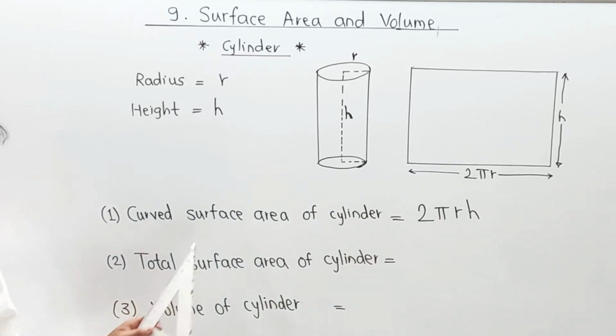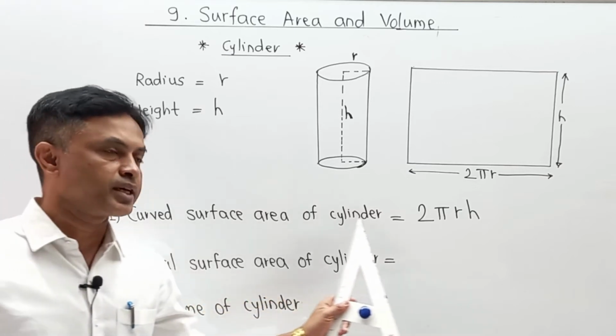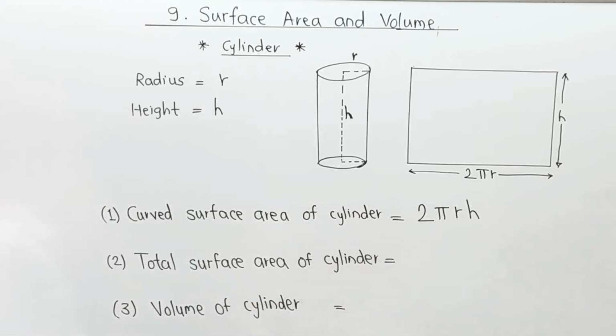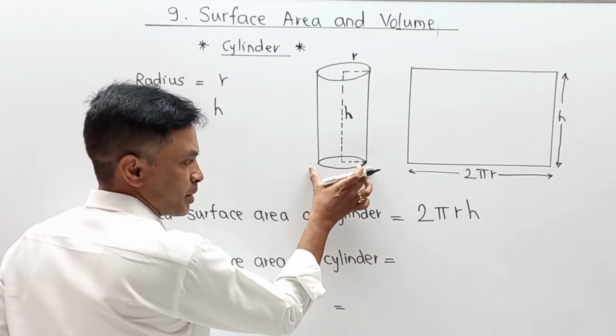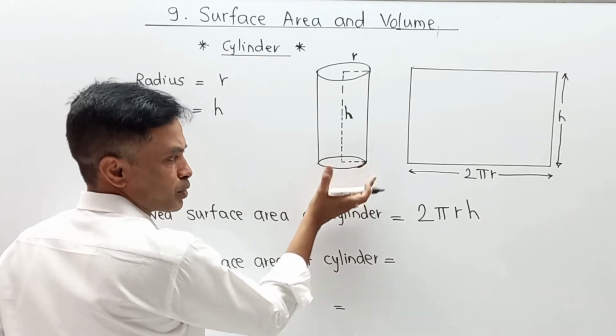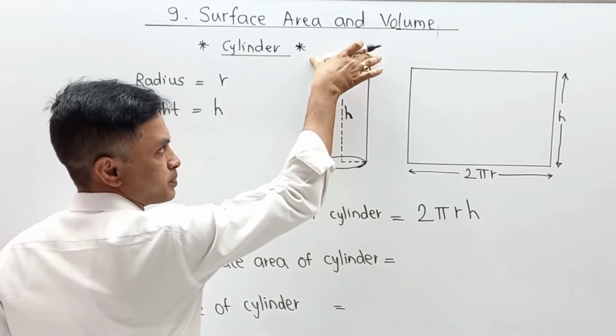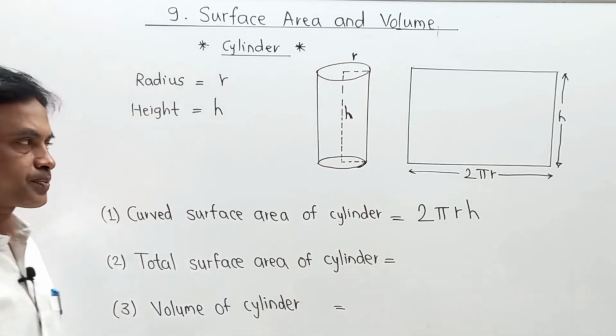Now from curved surface area we move to the total surface area of a cylinder. We have already calculated the curved surface area. Along with it, there is a base containing a circular portion and a top part which also contains a circle.